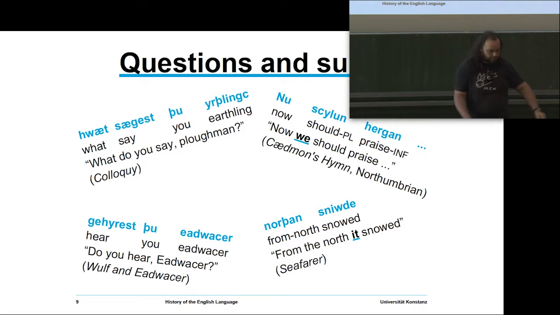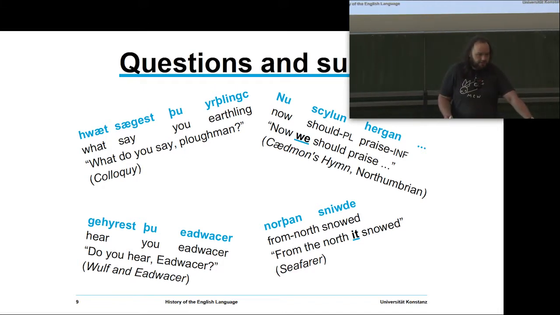Yes? But in German, we also say es schneit or es regnet. Yeah. Now, that is a complication. There are situations in German. It's not quite as simple as I've made out. You can actually think of three types of subject here.